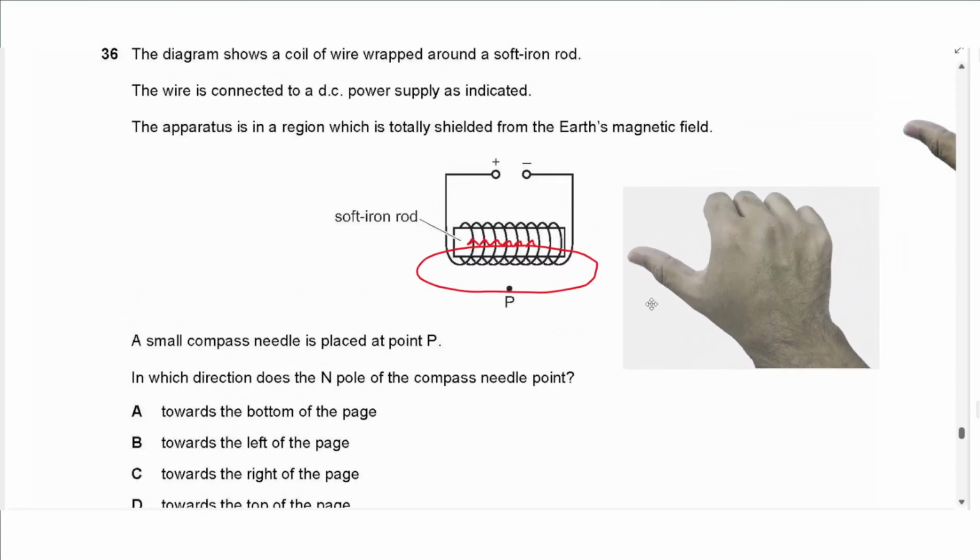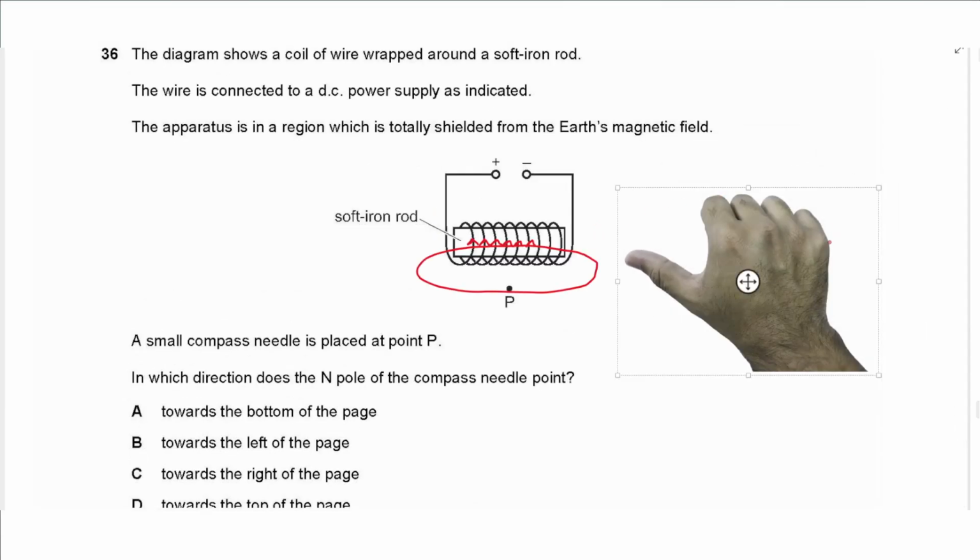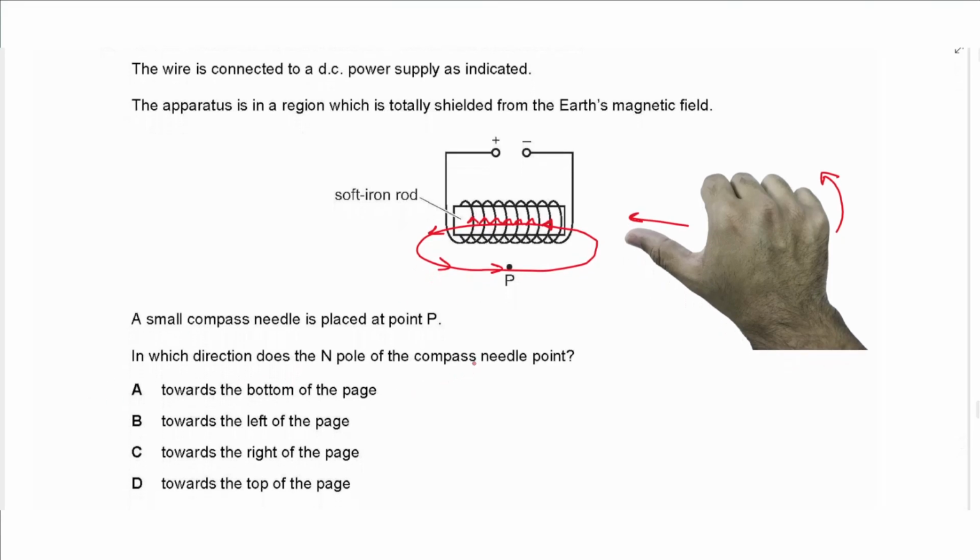Using the right hand grip rule again, with the fingers pointing in the direction of the current, the thumb is pointing to the left inside the coil, so it moves like this and points to the right at P. That's the direction of the needle. Toward the bottom of the page, no. Left, no. Right, yes. So the answer is C.